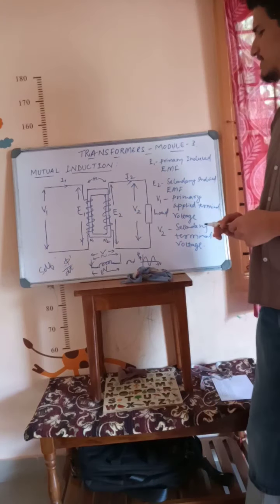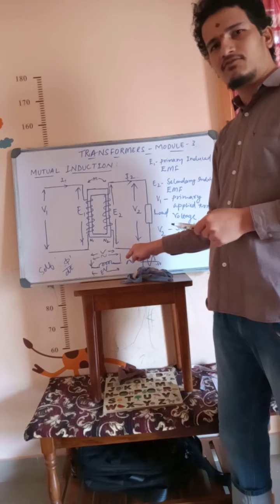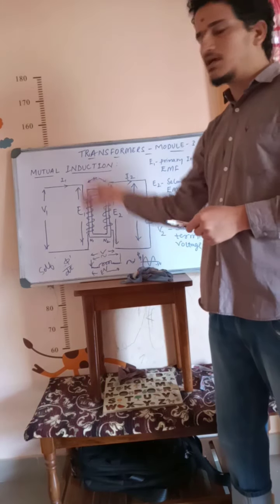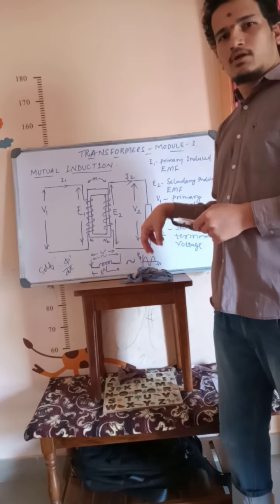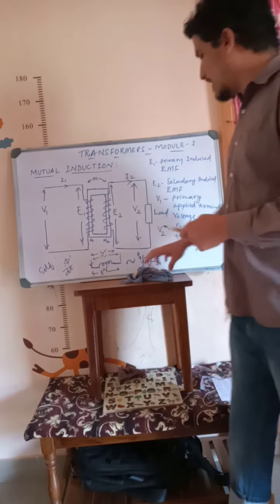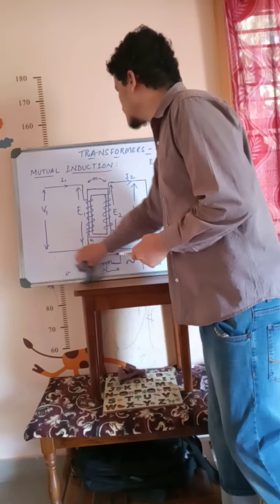Why is it self-induction? Because the coil which carries the current is itself inducing a voltage, an EMF, in it. That's why it is called self-induction. Now you have understood self-induction.